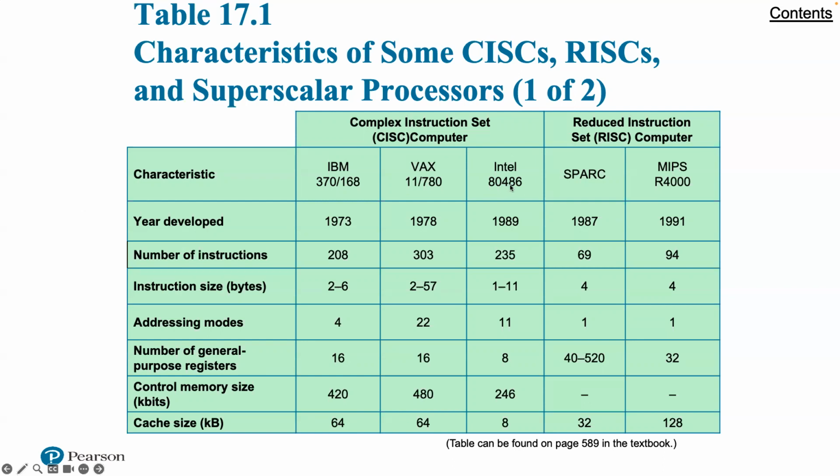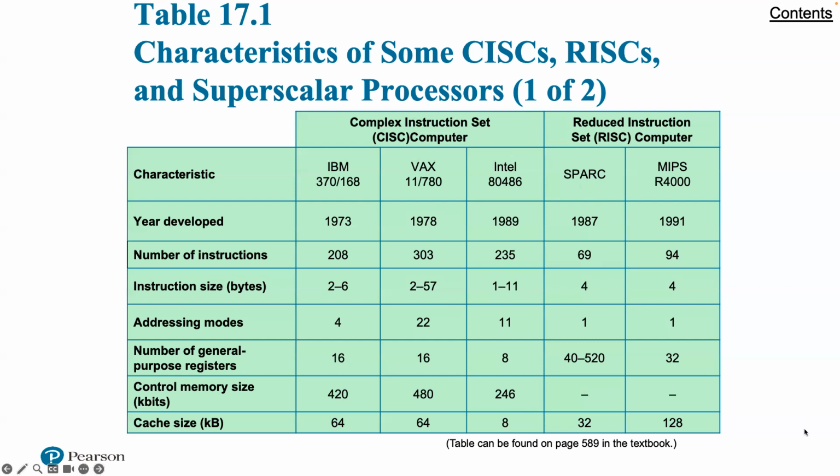So we can see that the number of instructions are larger as compared to what we have for the reduced instruction set. For the SPARC, the Sun Microsystems product, they had a 69 versus the MIPS R4000 had 94. And so we have that as a comparison.